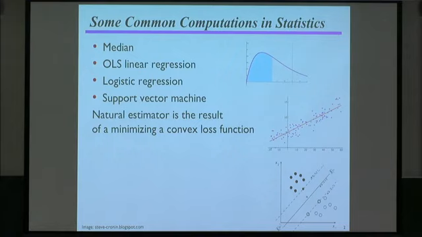In all these cases, the natural estimator, the natural thing you want to produce as the outcome of your computation, is the result of minimizing some loss function. And in all these cases, the loss function has an additional property that makes it relatively easy to work with: it is convex, so it has a nice bowl shape to it.